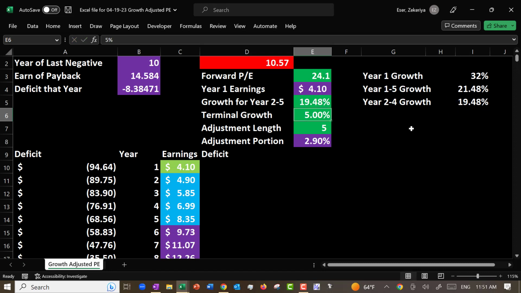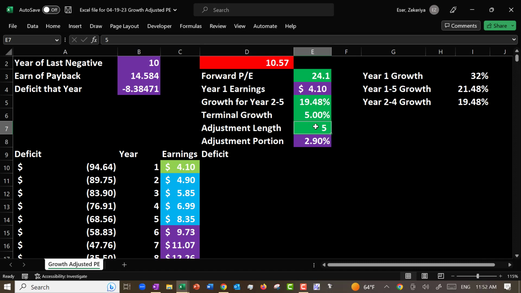This is assuming 5% is a proper terminal growth rate, and it takes 5 years to adjust the growth rates. If that number is different, we will have to change it, but for now, I'm not going to change it.